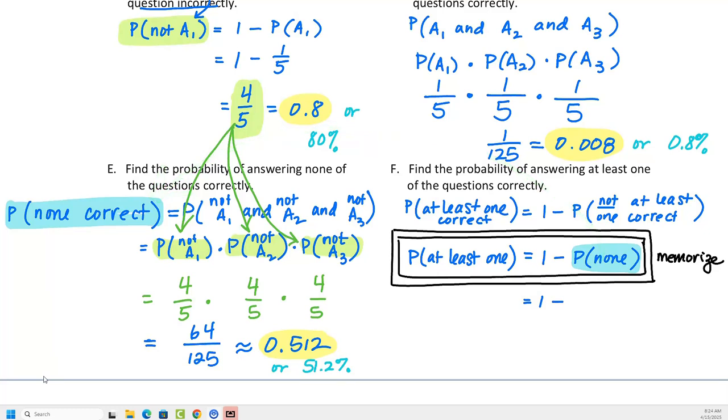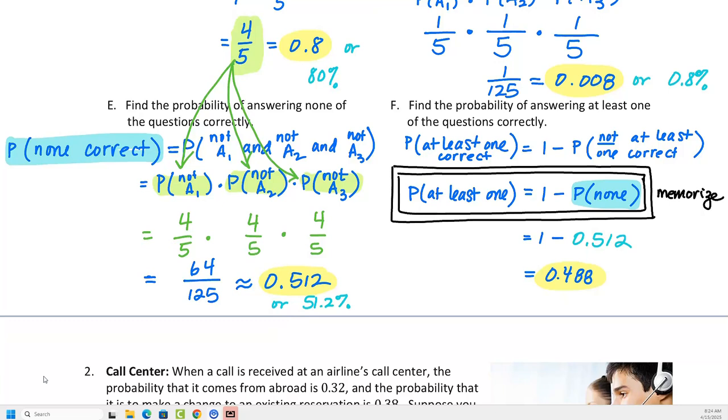So I'm going to take that value and put that in. So it's going to be 1 minus 0.512, and when you subtract those, you're going to get 0.488. So the probability of at least 1 being correct, you have basically a 48.8% chance.